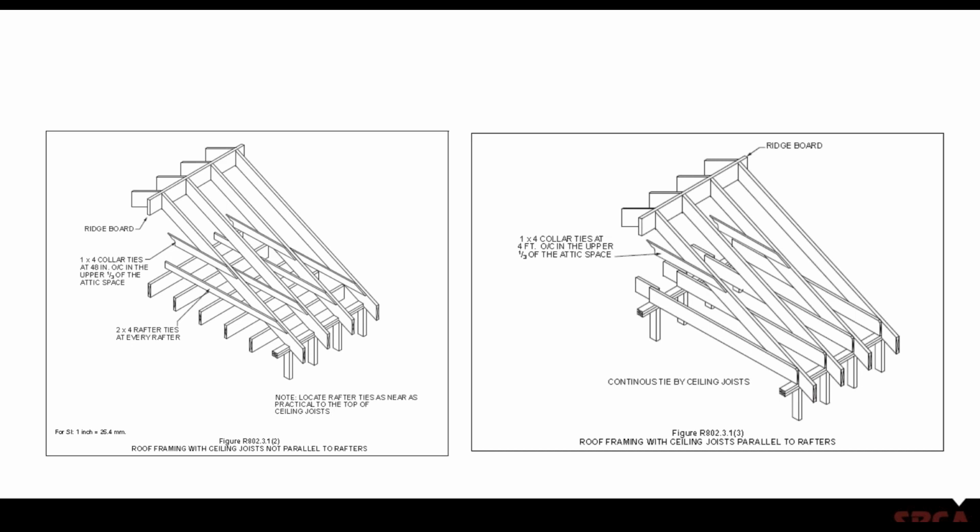Okay, in the figure on the left-hand side, the ceiling joists are not parallel, so you have to put in the rafter ties to resist that thrust, and that's in addition to the ceiling joists. And in the figure on the left-hand side, the ceiling joists are not resisting any thrust because obviously they're running perpendicular to the rafters.